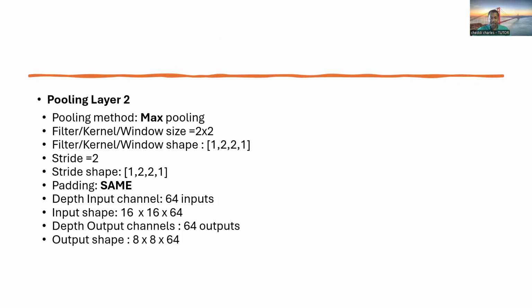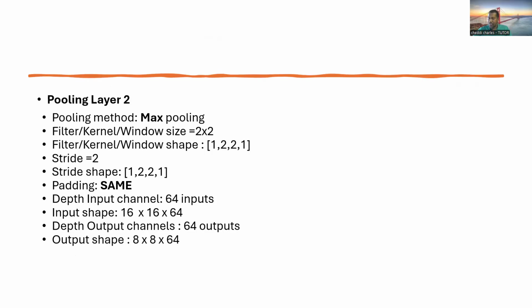Then finally we have the pooling layer, again max pooling. So guess what? It reduces the dimension. From 16 by 16 it reduces to 8 by 8 by 64. Remember, it was 64 channels, so it becomes 8 by 8 by 64.